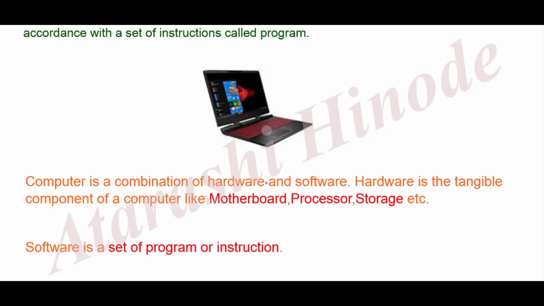So what is meant by hardware and software? Hardware is the physical substance, that is, the tangible components of a computer, such as the CPU itself. The CPU, the central processing unit, is hardware because it's a solid substance, we can touch it. These are the tangible components.